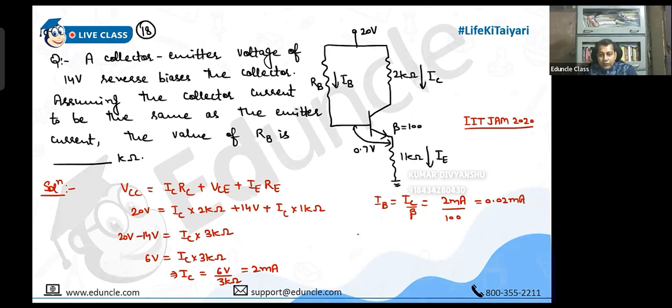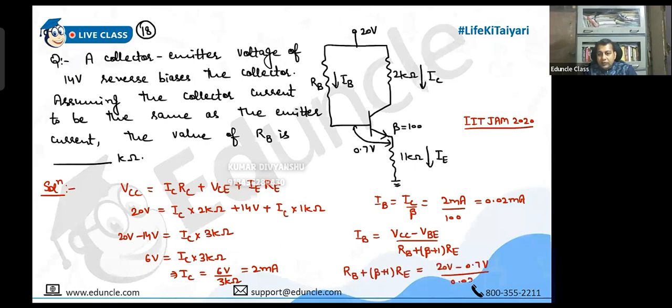And the formula for the base current is this one, and from here we can get RB plus (beta plus 1) RE equal to VCC, which is 20, minus 0.7, over IB, which is 0.02 milli. So it is 19.3. Please note down.